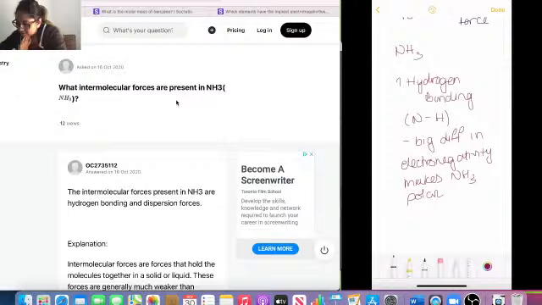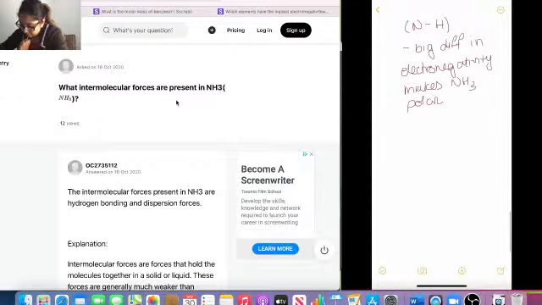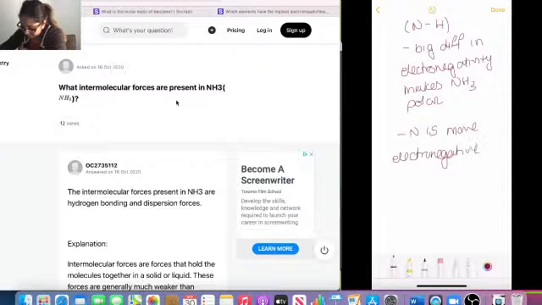Okay, and so as you saw, your nitrogen is more electronegative, so this would have your partial negative charge, and you write partial like that.